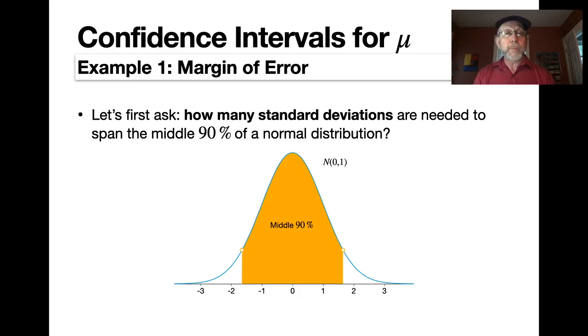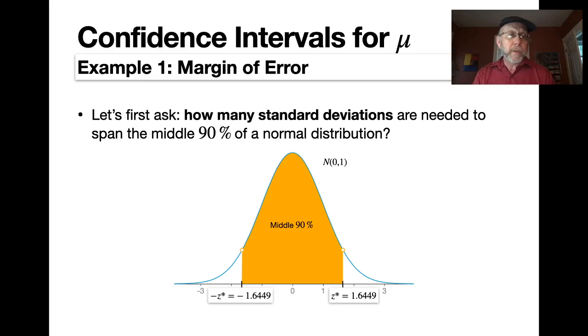We've seen how to do these problems. It turns out that that middle 90% extends from 1.6449 on the right-hand side down to negative 1.6449 on the left-hand side. I'm going to denote that value by z star. So z star is 1.6449 for that middle 90%.